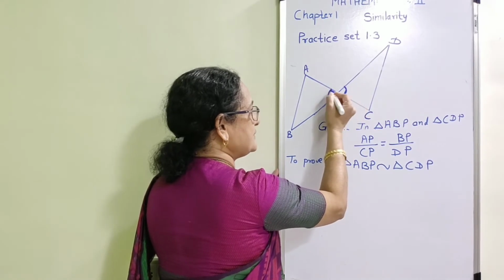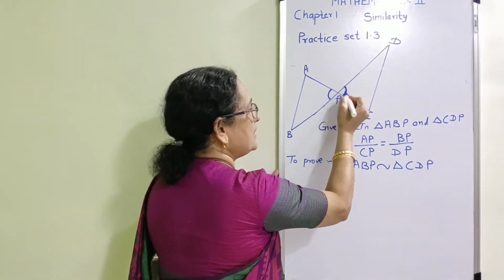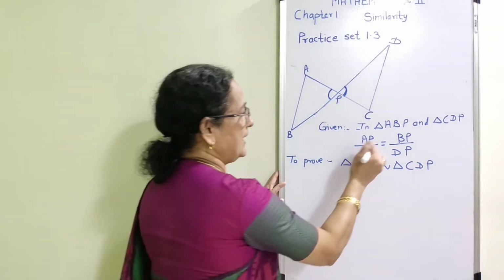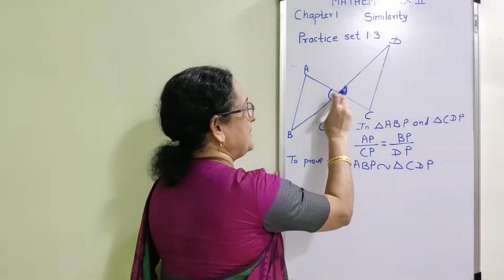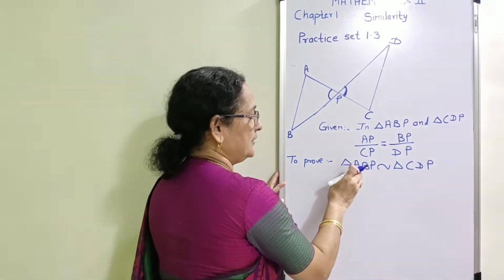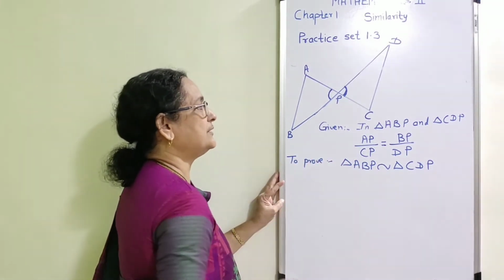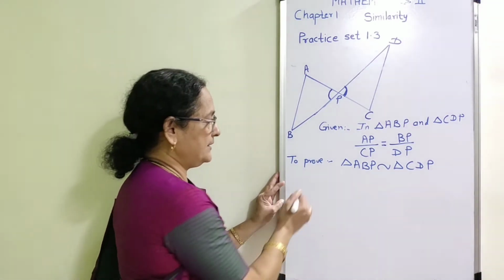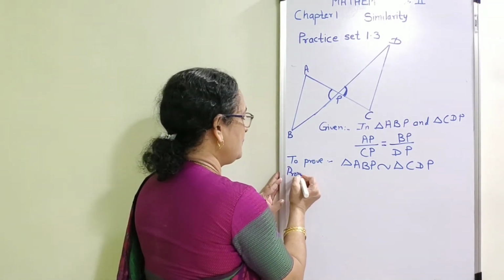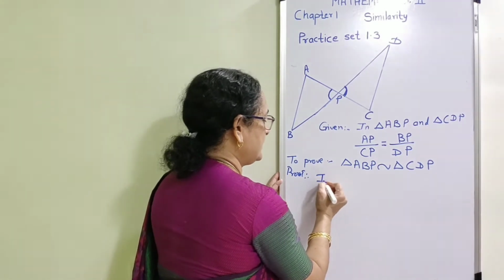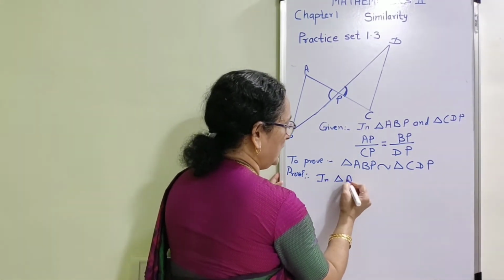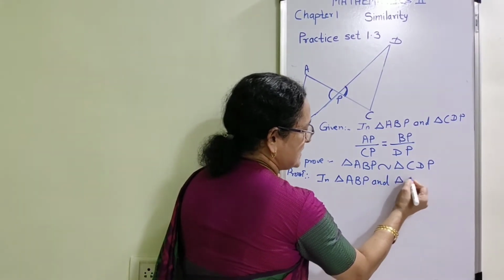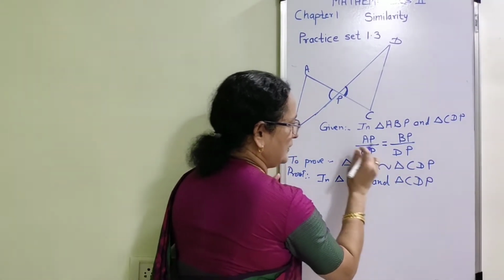Since two lines intersect each other, the vertically opposite angles are congruent to each other, and therefore if I take this pair of angles, the triangles are similar to each other by the side angle side test of similarity. Now I am going to write the proof. In triangles ABP and CDP, first of all write the given pair.